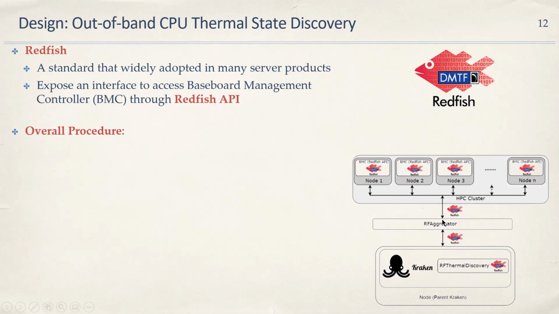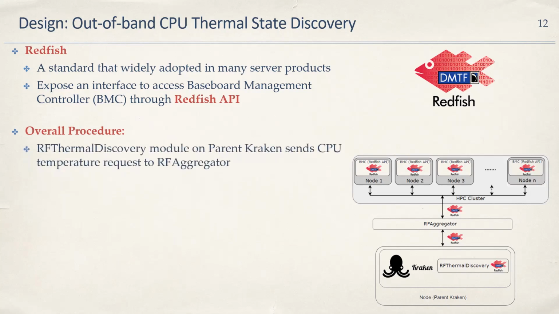The RF aggregator fans out this Redfish request to each node, and each node reports its CPU temperature via BMC to the RF aggregator. The RF aggregator then combines all the responses into one single response and sends it to the RF thermal discovery. This is how we perform out-of-band thermal state discovery.